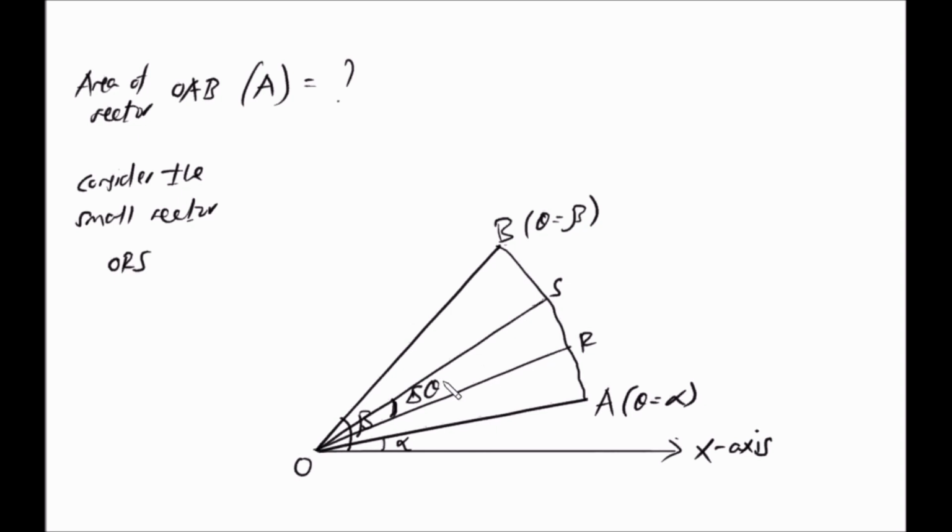And now, let's call the radius vector OR, let's call it R. This is the radius vector OR. Its distance is R. And the distance of the radius vector OS is R plus delta R. So probably OS will be a little bit larger compared to OR. So we add R plus delta R. Now, since ORS is small, then here SR is almost a straight line.